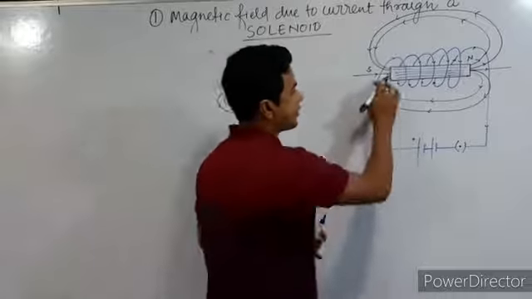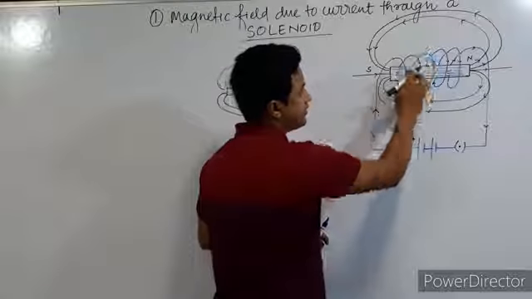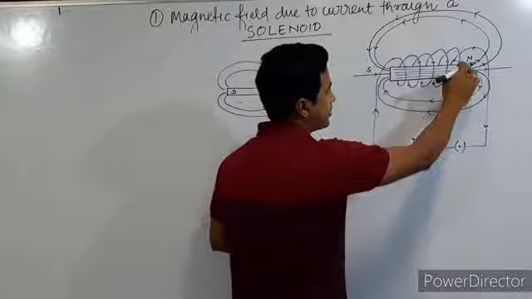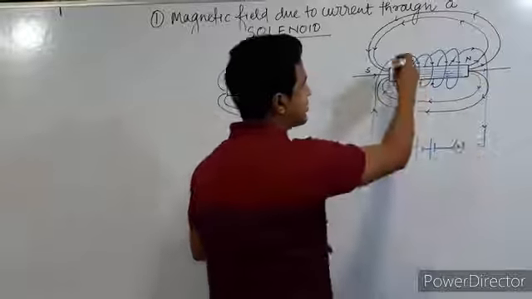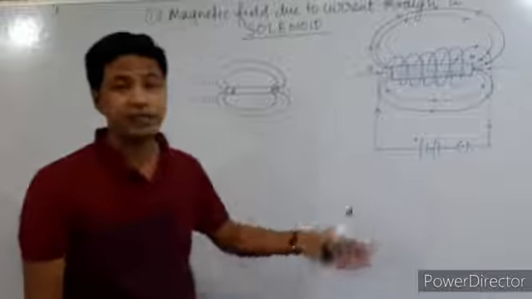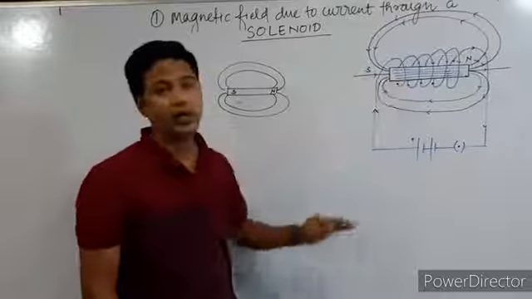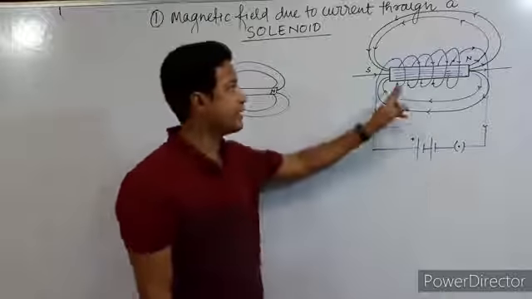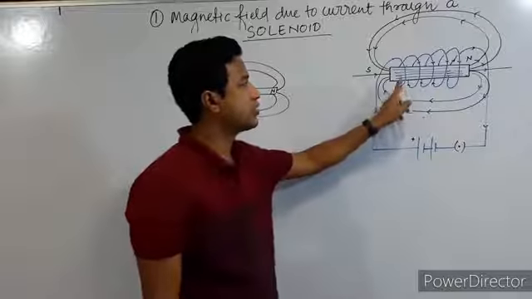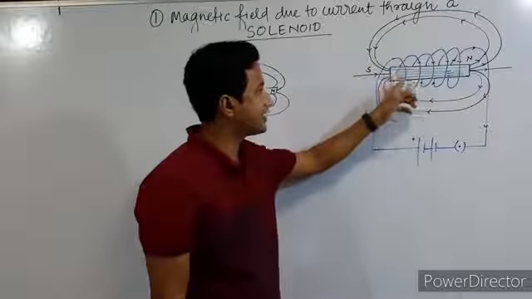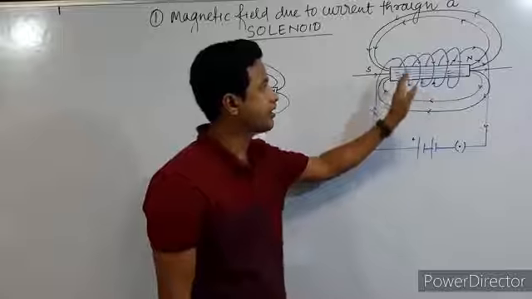This is the direction of current. This current is going around it, so this forms a circular loop. You understood in the previous topic what a circular loop is. As the number of circular loops increases, in each loop the magnetic field will be created, which means at each and every point the magnetic field will be created.